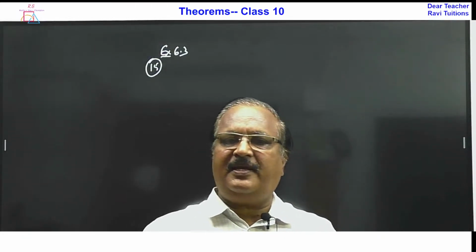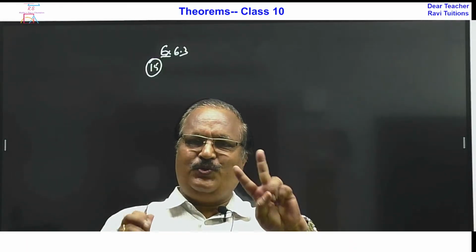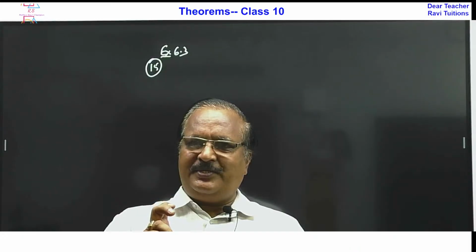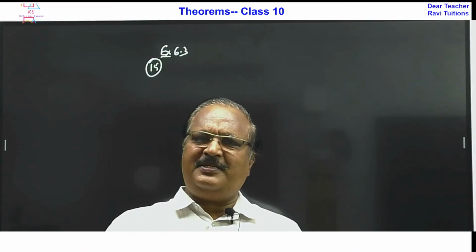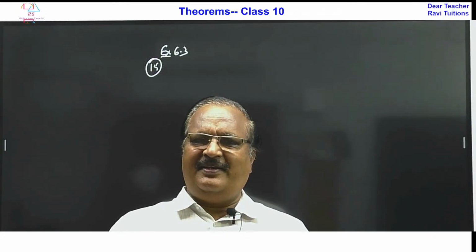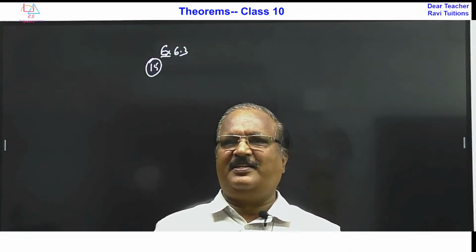Now I will go to the next chapter, circles. What theorems are there in the circles chapter? There are only two theorems in the circles chapter. Very small chapter, only two theorems are there, one construction is there. Even in the triangle also, two theorems and one construction.